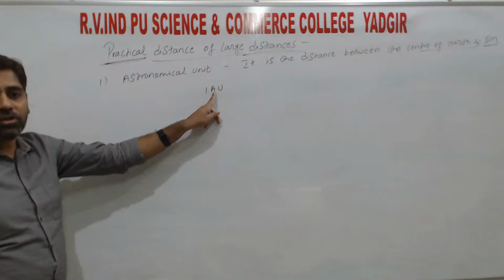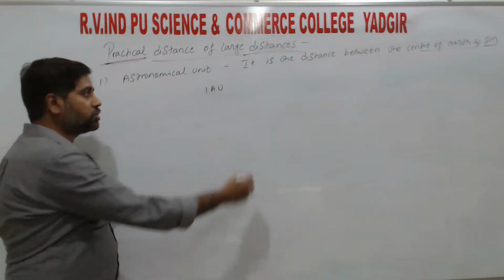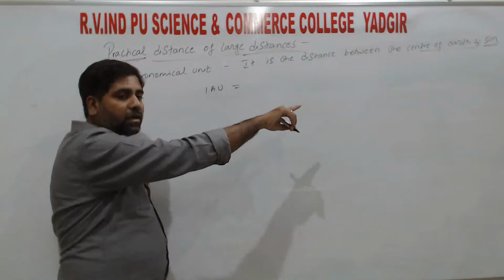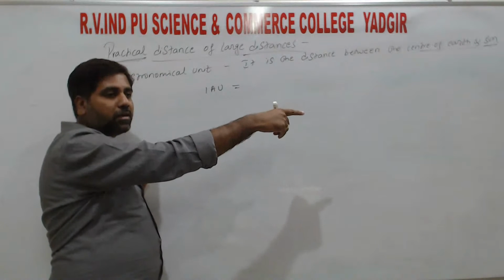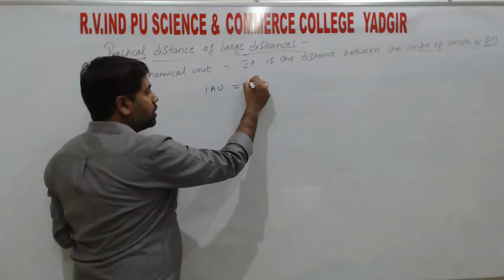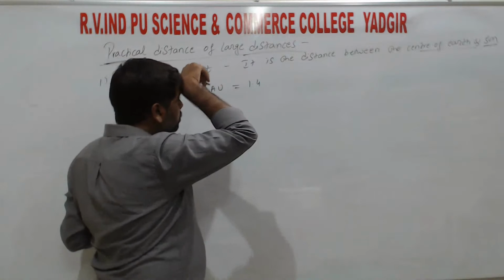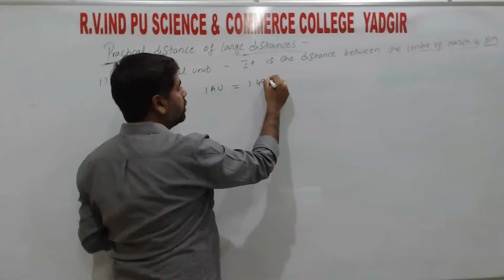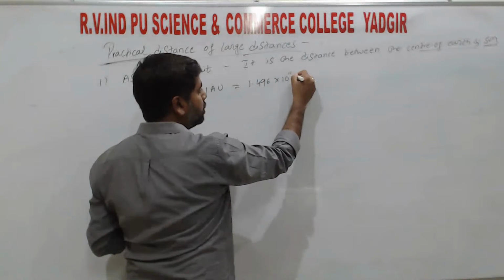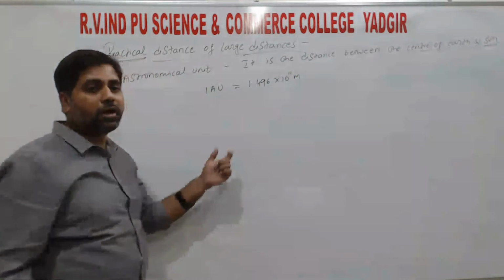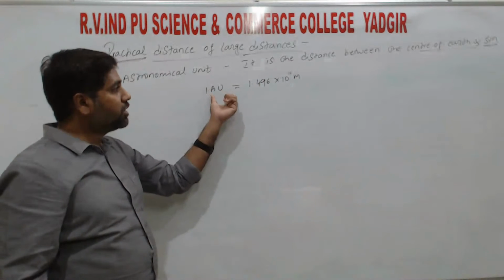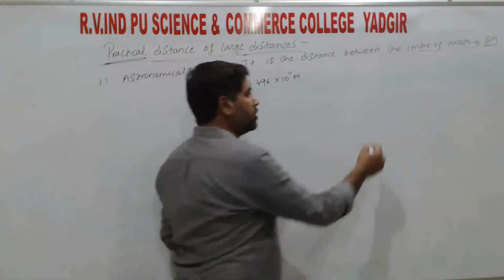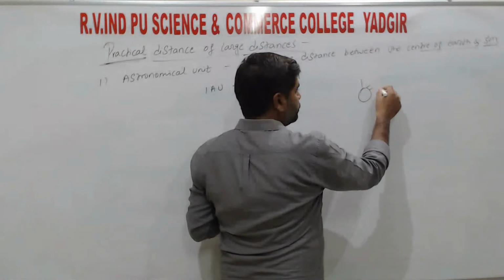That means 1 astronomical unit is equal to the distance between the center of Earth to the center of the Sun, right? So that is 1.496 into 10 to the power of 11 meter. So what it indicates means the distance between the center of the Earth and Sun, right?